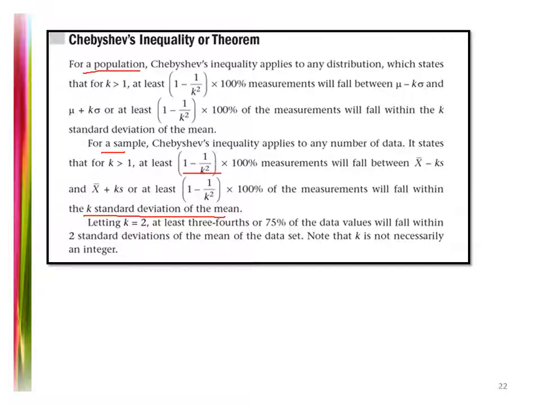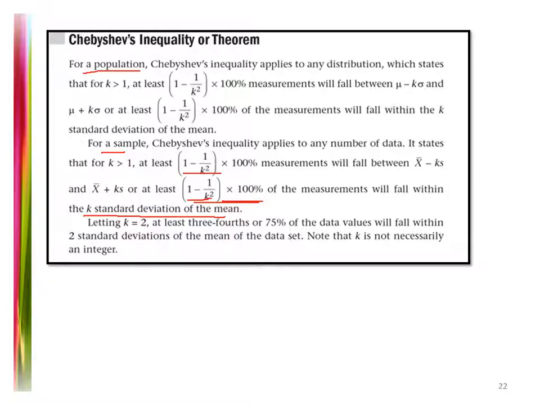Suppose we put k equal to 2, which is why k is strictly greater than 1. Then 1 minus 1 over 2 squared is equal to 1 minus 1 over 4, which is 3 by 4. Then 3 by 4 times 100 is equal to 75.